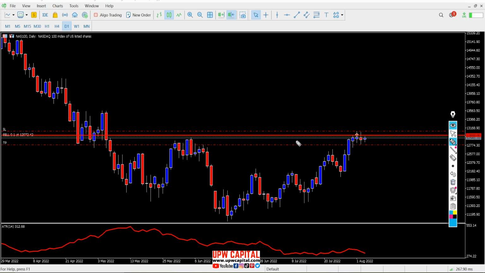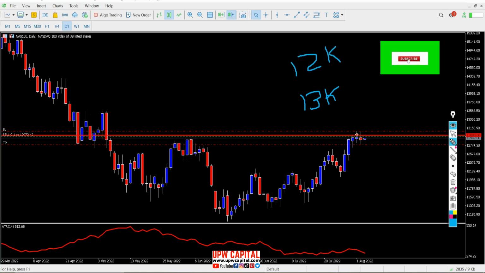Another reason is we are on the 13,000 level. So it's a nice even number to trade from. And price tends to react on the NASDAQ from these significant numbers. I'll quickly give you other examples. You can look at 12K, 11K, 10K, 9K.